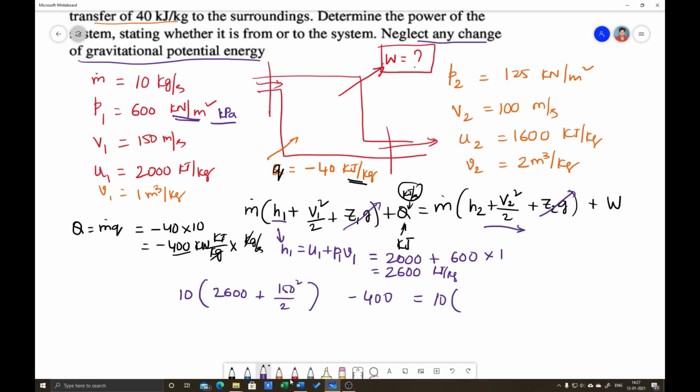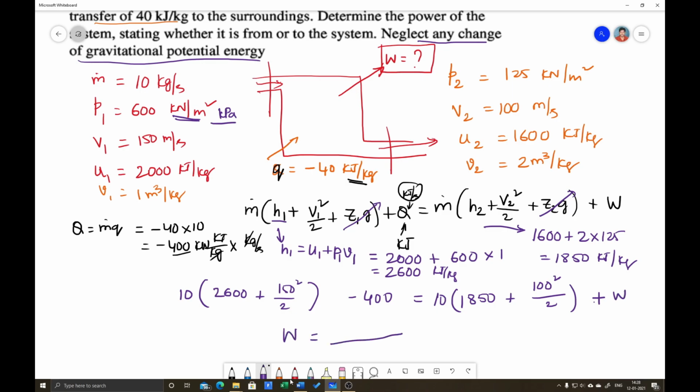Here also h2 equal to u2 plus p2 v2, which is 1600 plus 2 into 125, 1850 kilojoule per kg. 1850 plus v2 is 100 square by 2 plus w. You have to calculate this and find out the work done.